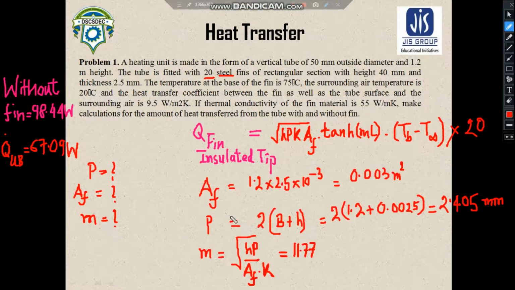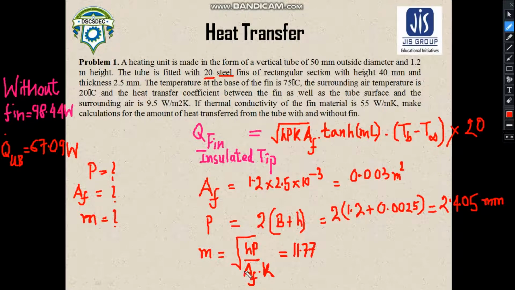Here you can find that I have done all the calculations, and now I will explain how we have done it. The area of the fin depends on the length of the fin and the thickness of the fin. So you just need to multiply the length of the fin and the thickness in meters. We find that the area of the fin becomes 0.003 meter square. The perimeter also depends on these two factors, but since there are two surfaces, we need to multiply it by 2.